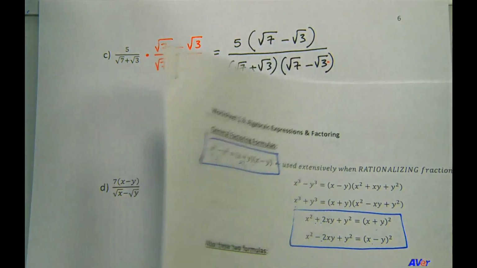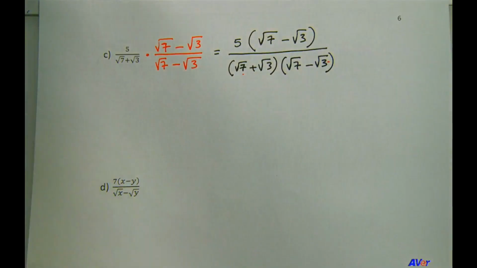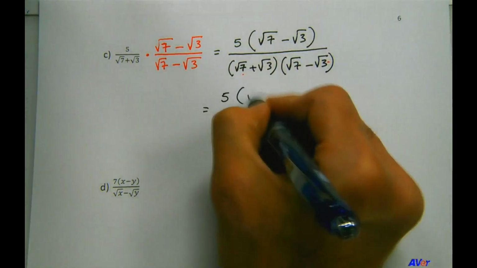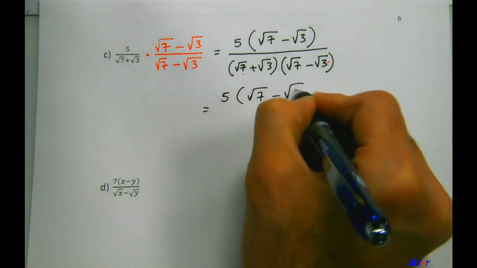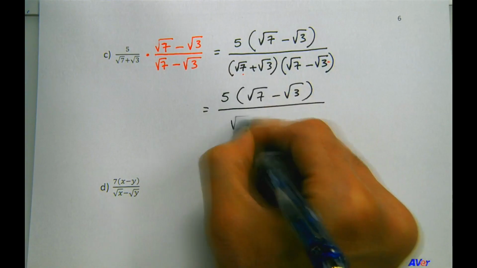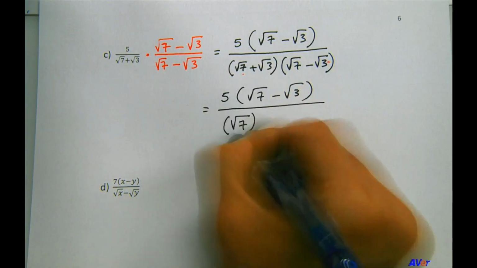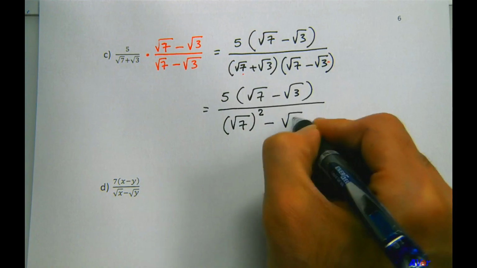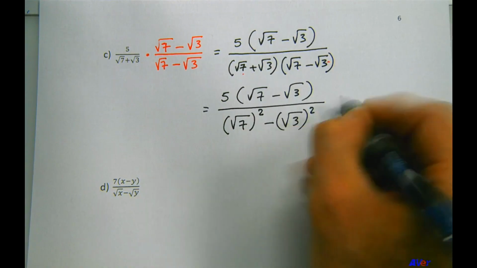Very, very important. So let's write that down as a perfect square: square root of 7 squared minus square root of 3 squared. What do we get?